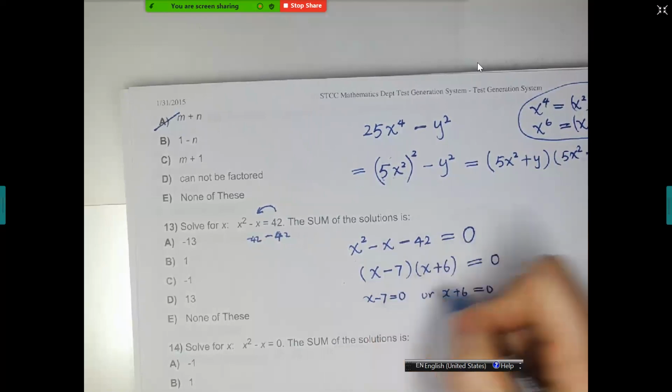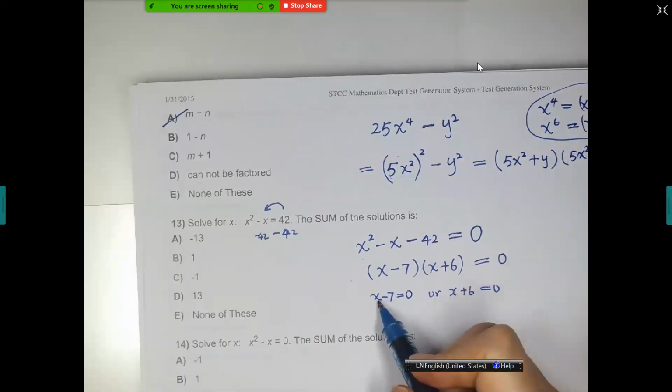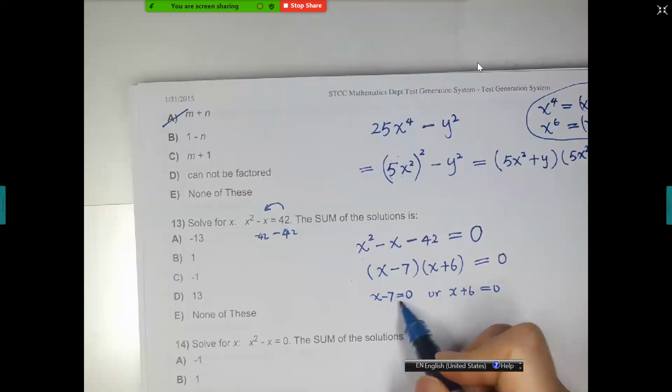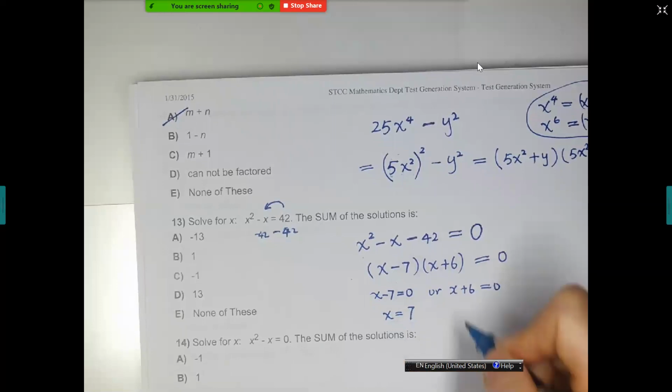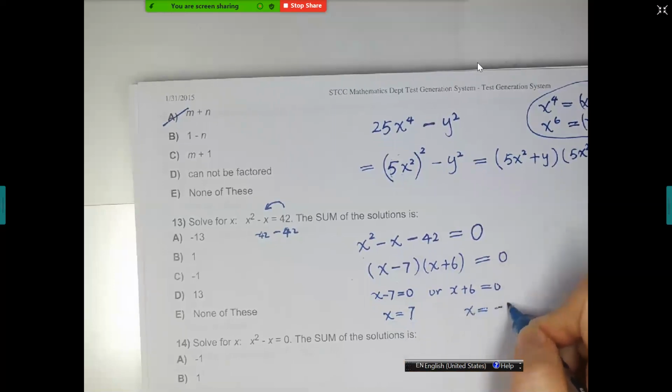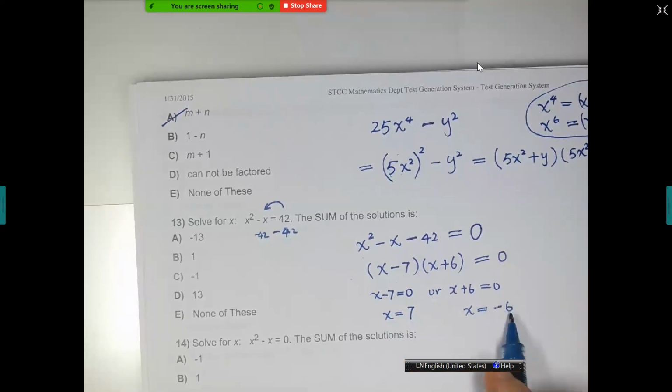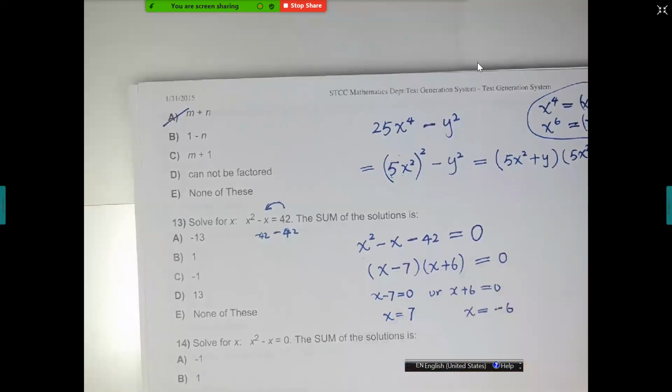Either one can be 0. When x minus 7 is 0, x should be positive 7. When x plus 6 equals 0, x should be negative 6. So 7 and negative 6 are the two solutions.